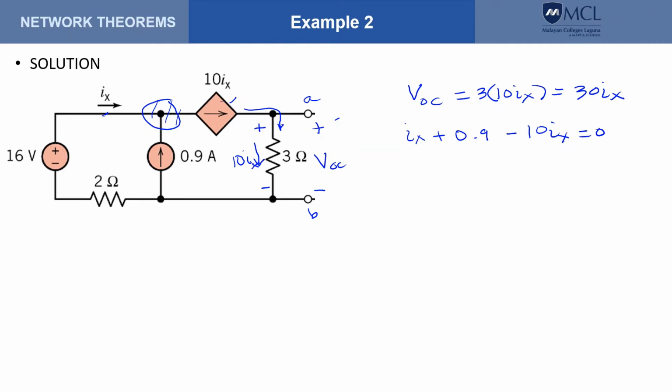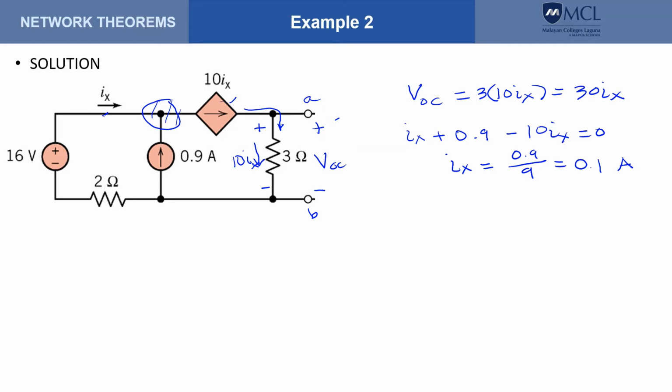So that means that we have here I sub x equals 0.9 divided by 9, or that is equal to 0.1 ampere.